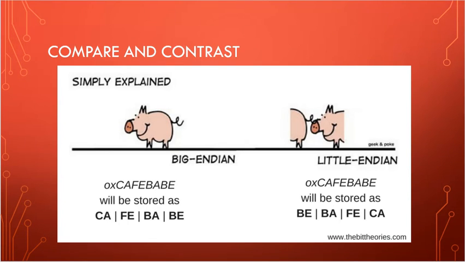So, comparisons and contrasts between Big Endian and Little Endian. Big Endian is a more natural way of storing information. The sign of the number can be determined by looking at the byte at offset 0. Strings and integers are stored in the same order.